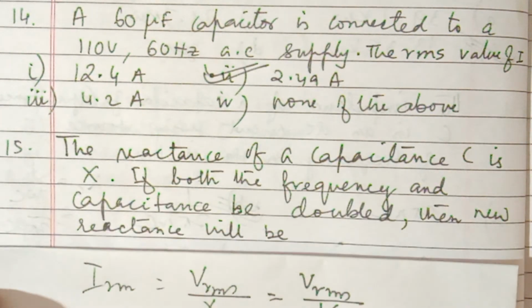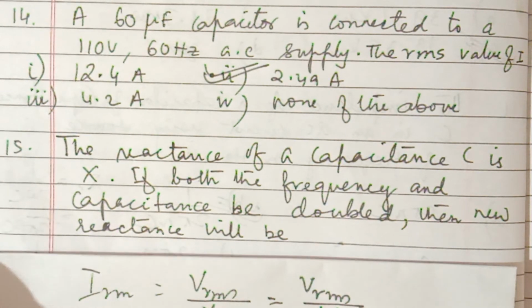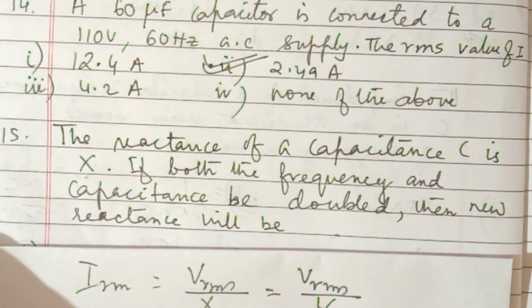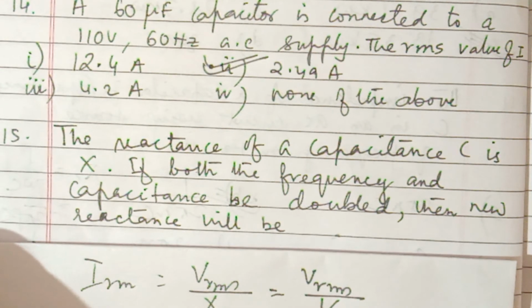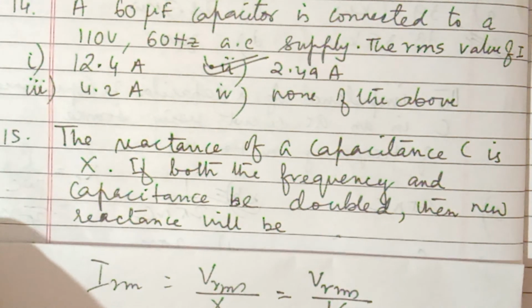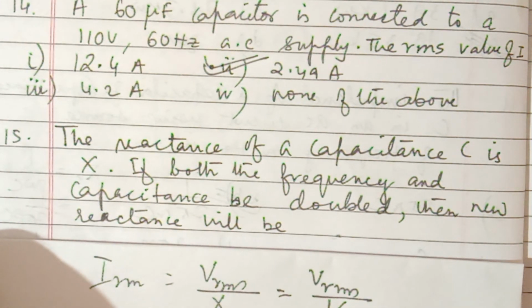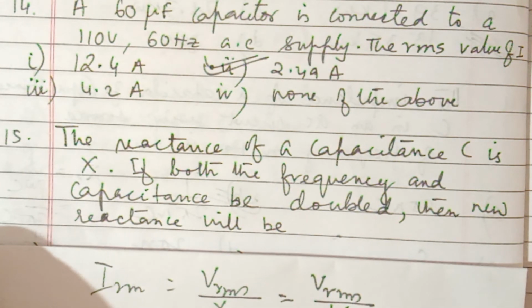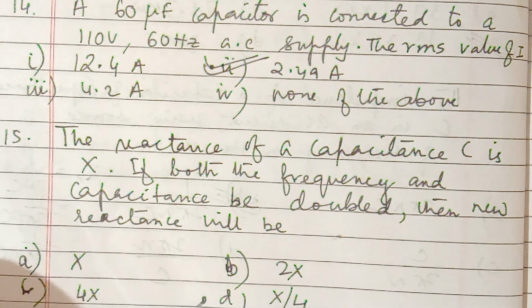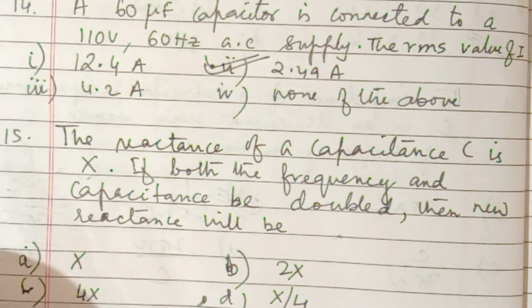Okay, next question. The reactance of a capacitance C is X. If both the frequency and capacitance are doubled, then the new reactance will be X, 2X, 4X, or X by 4.